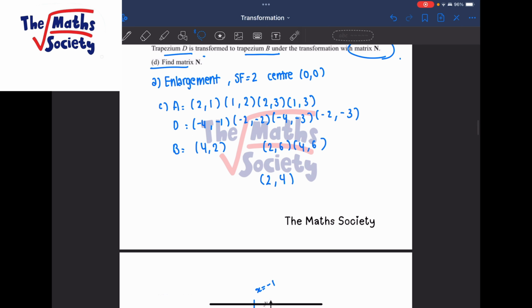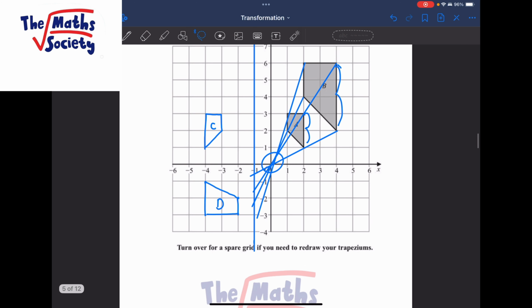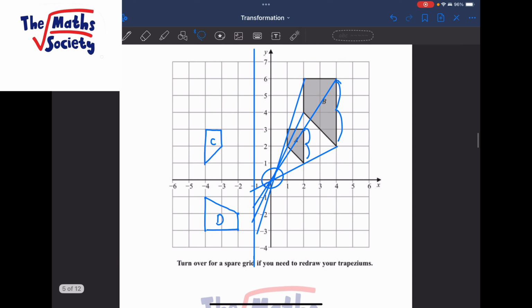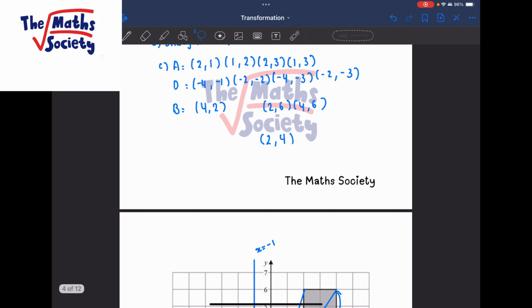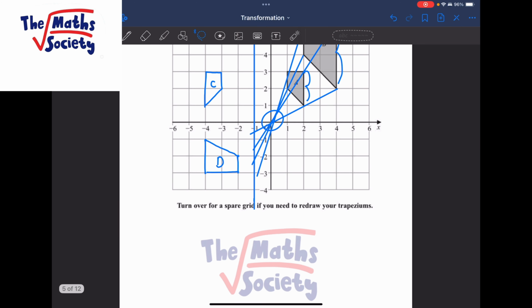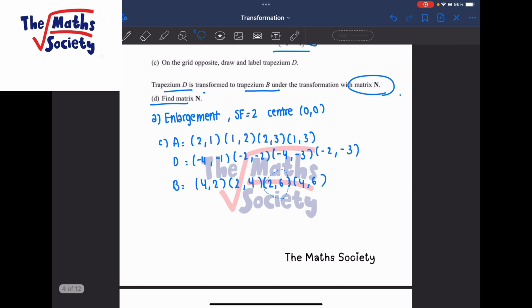Move it this way, and then it was -2, -2, that point was the thing, that's 1, 2. So that should be 2, 4. And then we will just switch it around. That should be 4, 6. And then 2, 6.